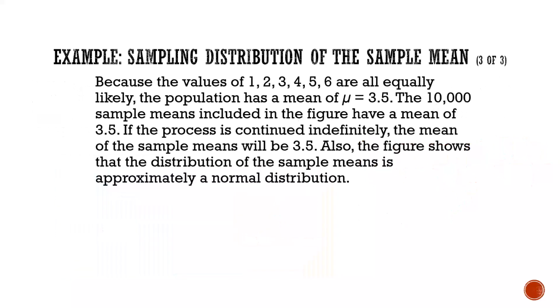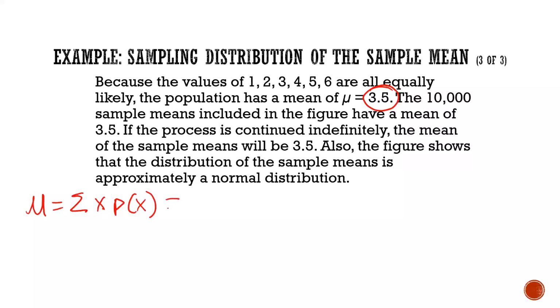Because each of these values is equally likely, the mean is 3.5. So we see that that's the number in the middle of all those, right? You could also figure that out using a probability distribution. Remember, the mean of a probability distribution is equal to the sum of x times P of x, right?